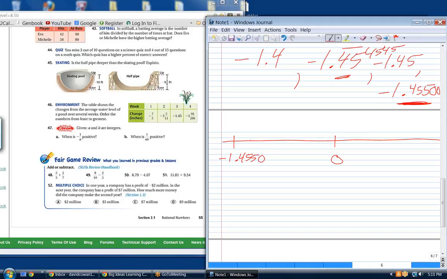What's next? Next would be 1.45 repeating. And what's next? Then next would be negative 1.45. And finally it would be negative 1.4, because I can add a 0 to that.